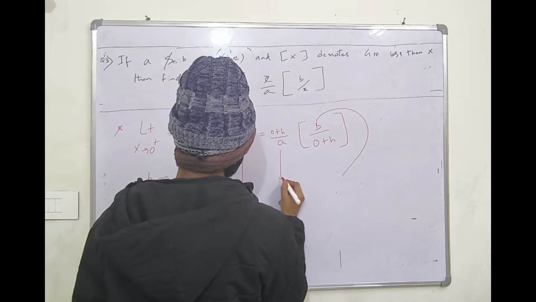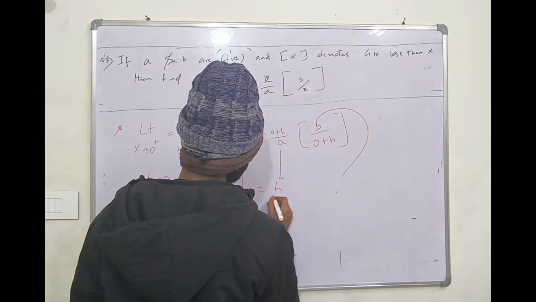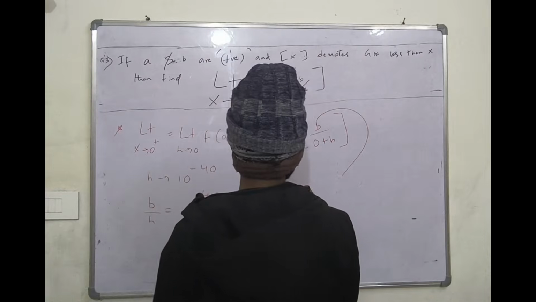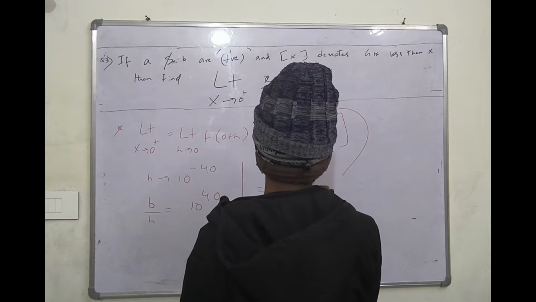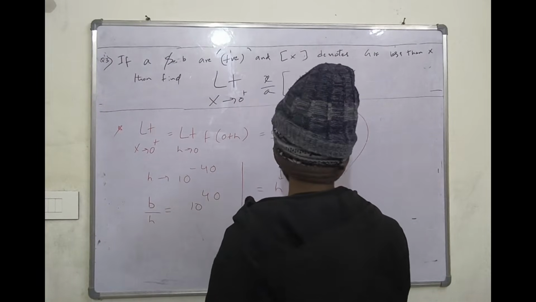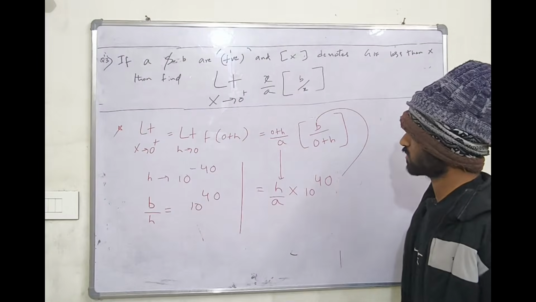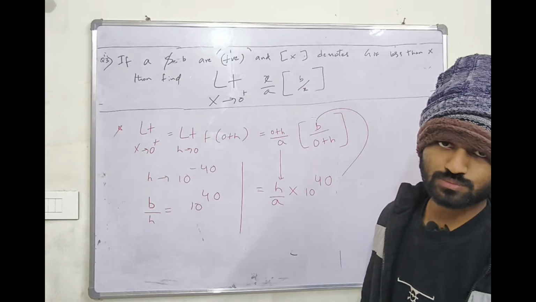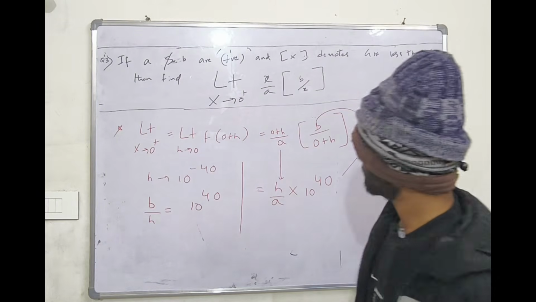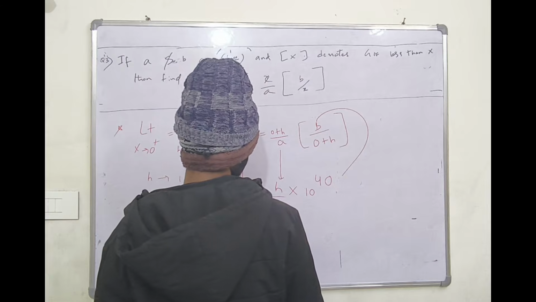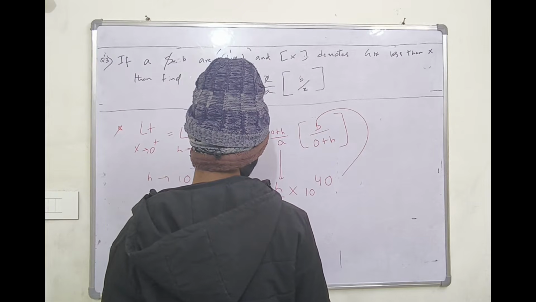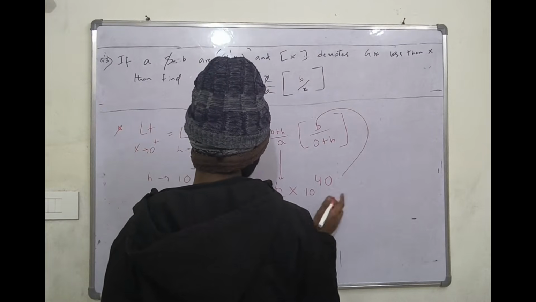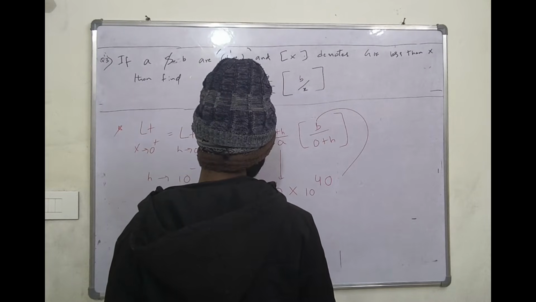So this is h by a into 10 power 40, and since h is 10 power minus 40, this is 1 by a.